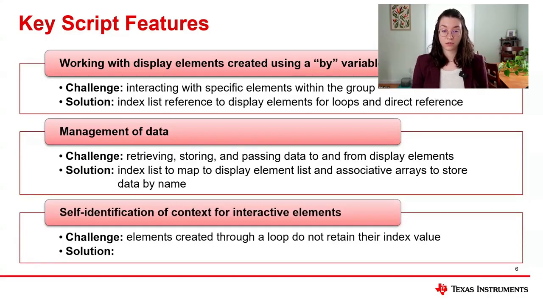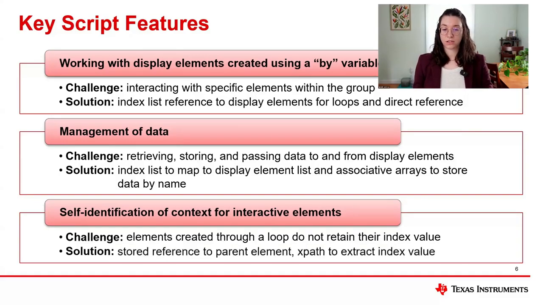Third is for the interactive elements. They need to identify which distribution you want them to interact with when you click on them or when you interact with them. They need to be tied back to the specific recipe spec. But when you create them in a loop, they don't retain the index value that they were created with.